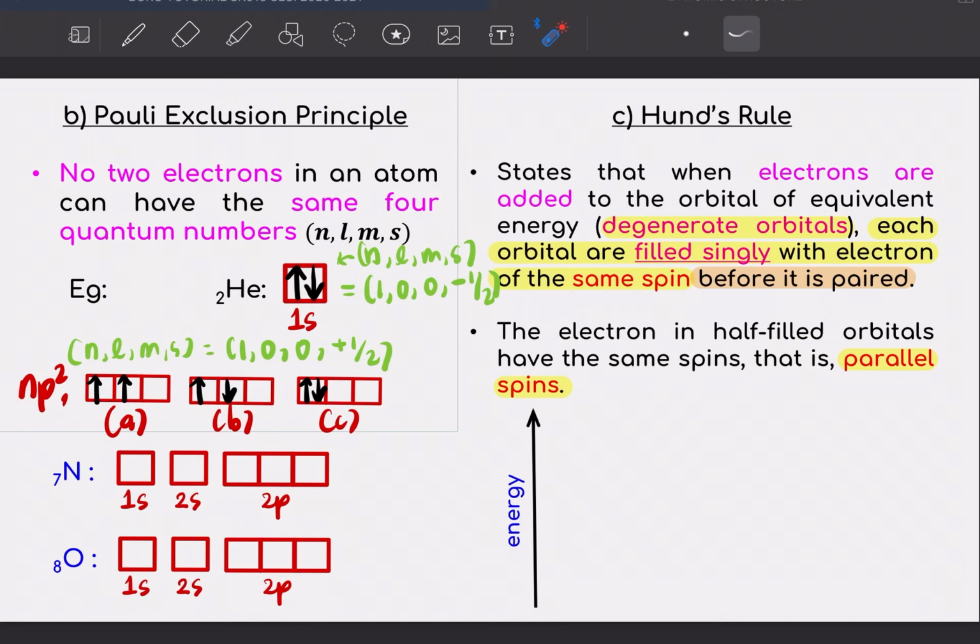Later I will explain this one. So the next rule is Hund's rule. So what does Hund's rule say?